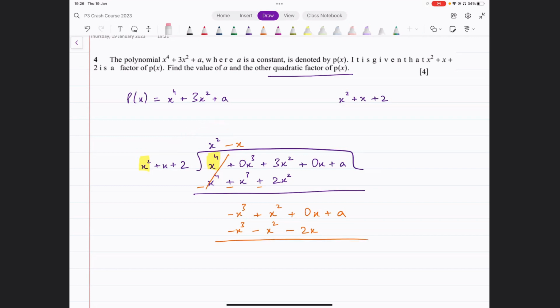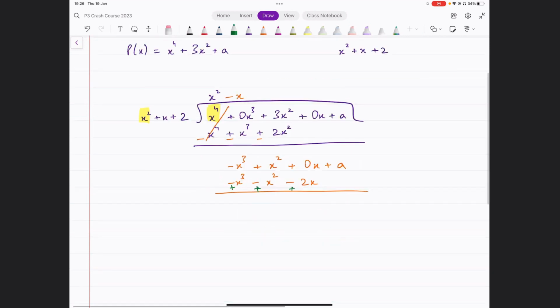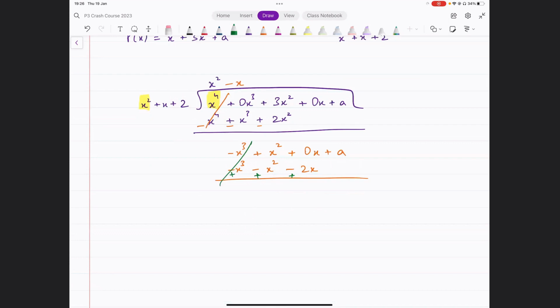Now change the signs again. This becomes plus, and this also becomes plus. This gets cancelled. X squared plus x squared, that is 2x squared. 0x plus 2x, that gives you 2x. Then you have plus a from here.